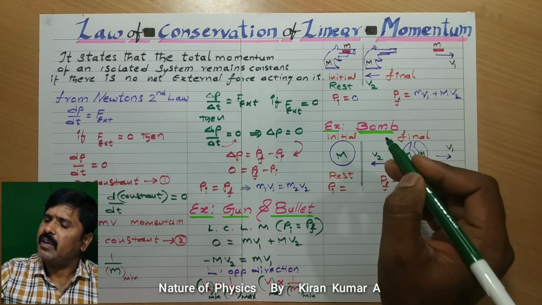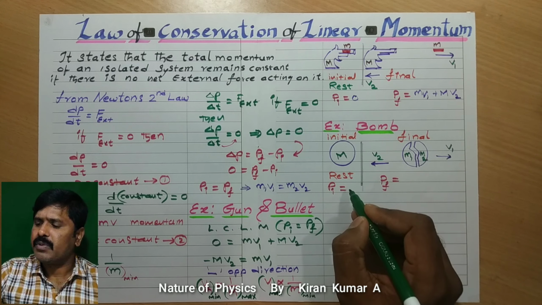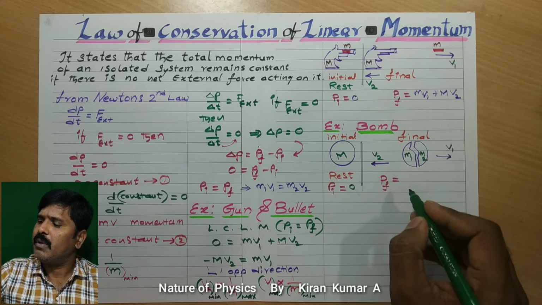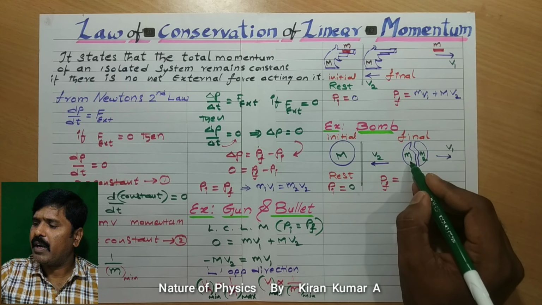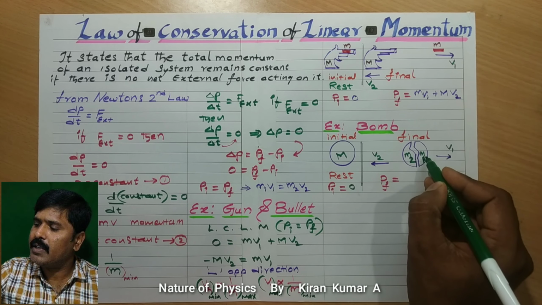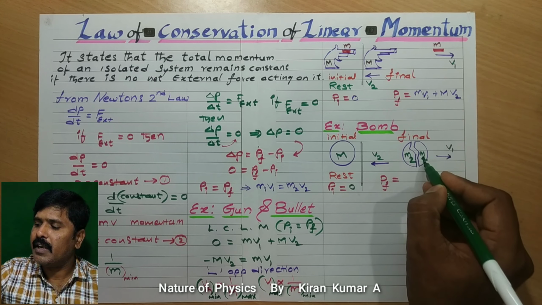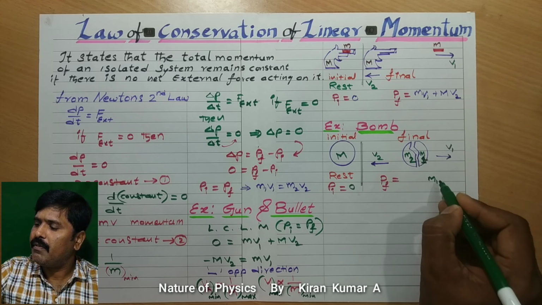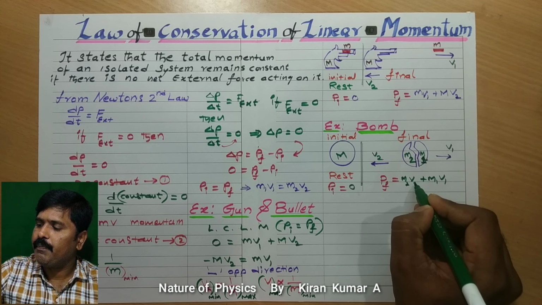And continuing, the next example is a bomb initially at rest, students. Initially at rest means the initial momentum is equal to 0. Finally it will break into two fragments, students. Sorry, the left side is m2 and the right side is m1. m1 is moving with velocity v1 and m2 is moving with velocity v2.